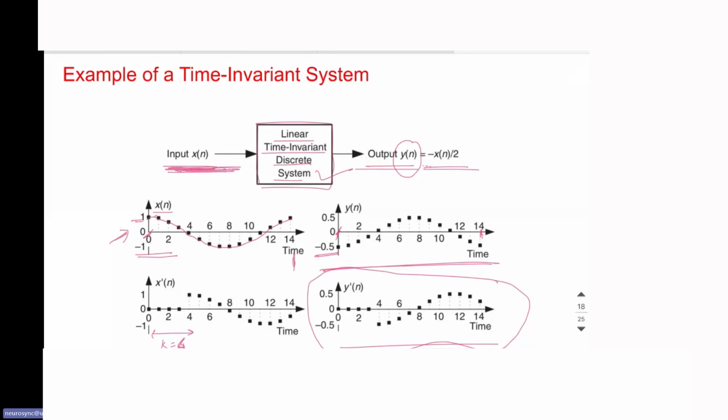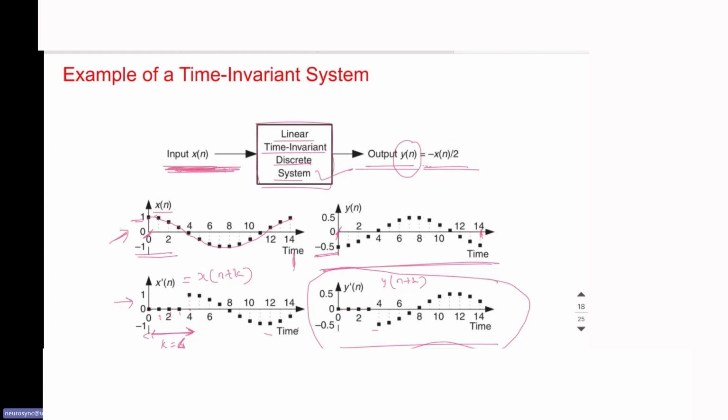Y dash is nothing but y of n plus k. If I'm saying this x dash n is nothing but x of n plus k, and here k is nothing but 4 sample periods, this signal is delayed by 4 samples and is represented like this. Now, if you plot the output for this signal, at 0 this is 0 by 2, that is 0. At 1, 2, 3, you will get the same. At 4, it is 1, therefore you will get minus 0.5, and it is again repeating.